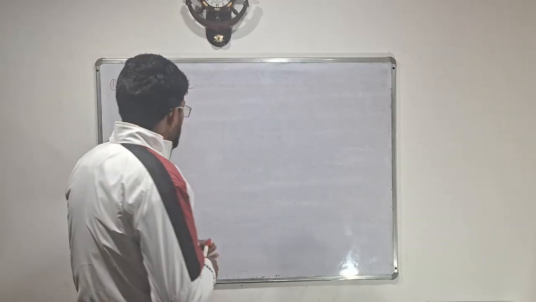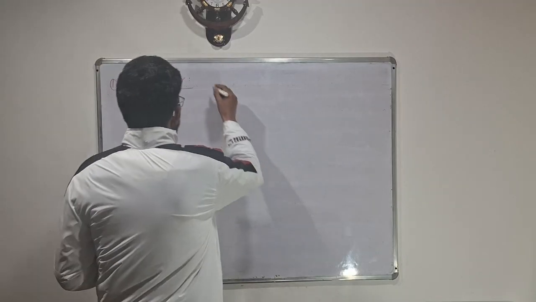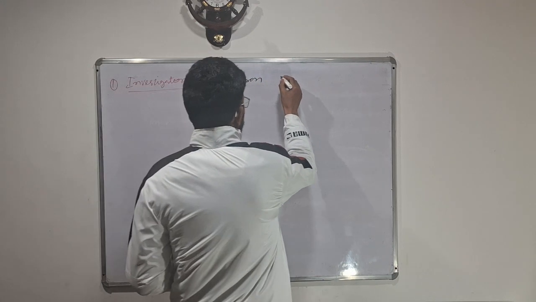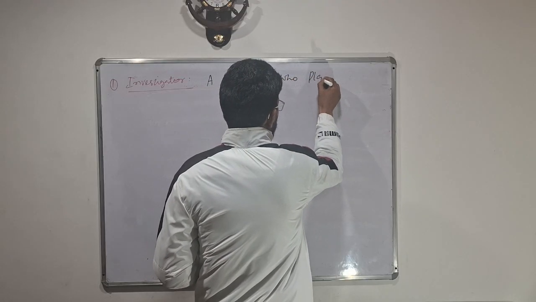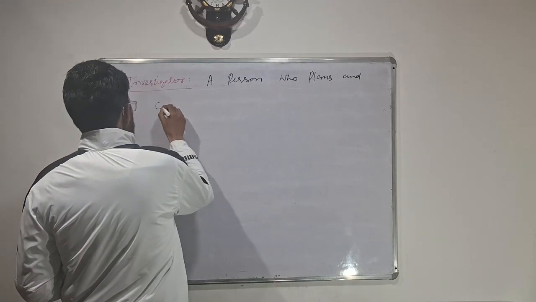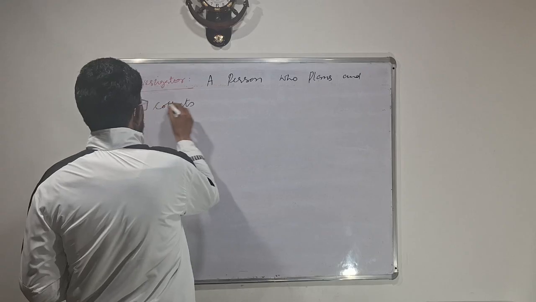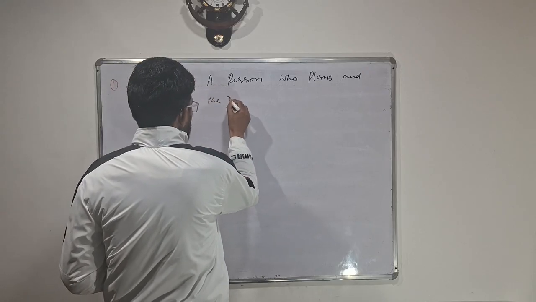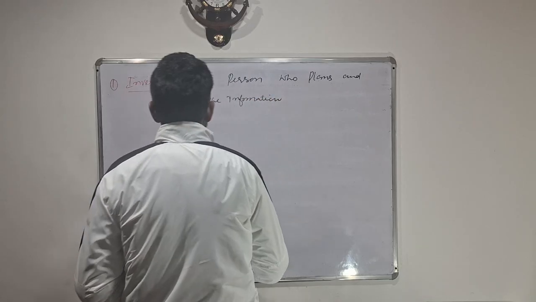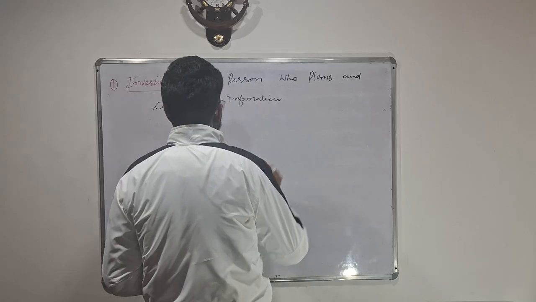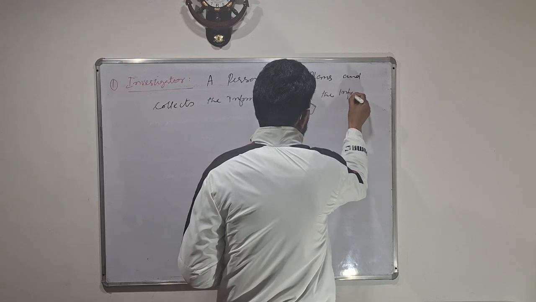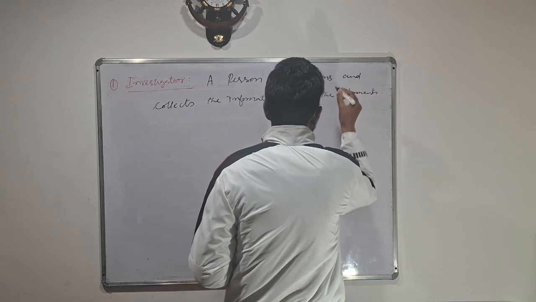I will read the definition of what we call an investigator. An investigator is a person who plans and collects the information from the informants.